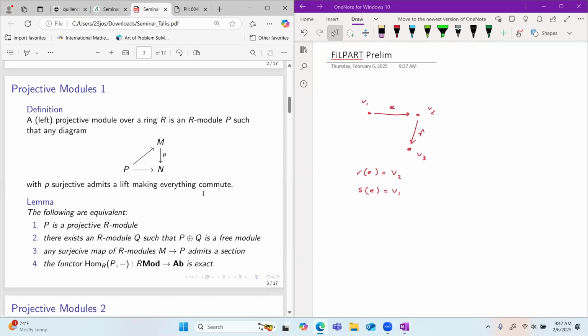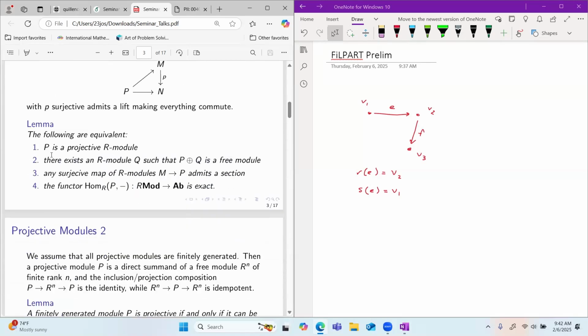The main property, at least in practice for what we're going to be doing, the defining property that's relevant is the second point, that it's a direct summand of a free module. So have a go trying to prove that these definitions here are all equivalent.